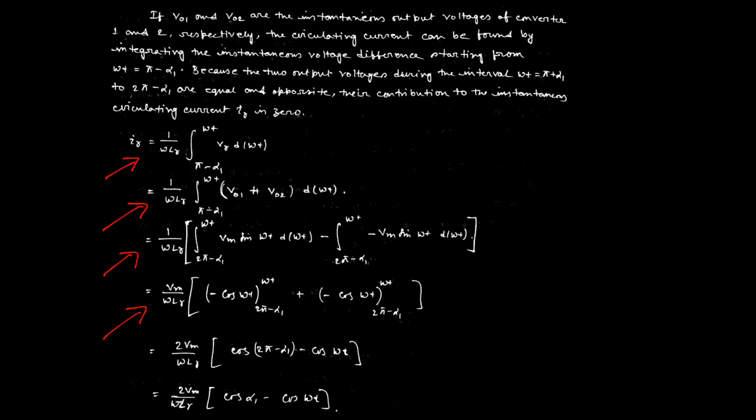Considering the lower and upper limits, we find the expression 2 Vm by omega LR into cos of 2 pi minus alpha 1 minus cos 2 omega t. So the complete equation for the circulating current is 2 Vm by omega LR into cos alpha 1 minus cos omega t.